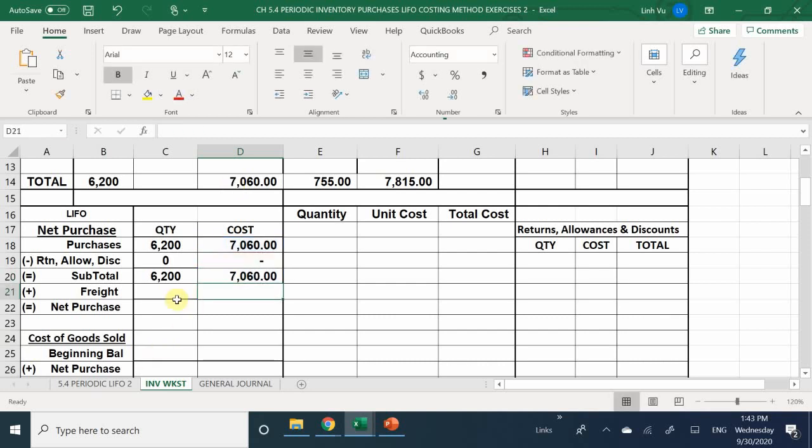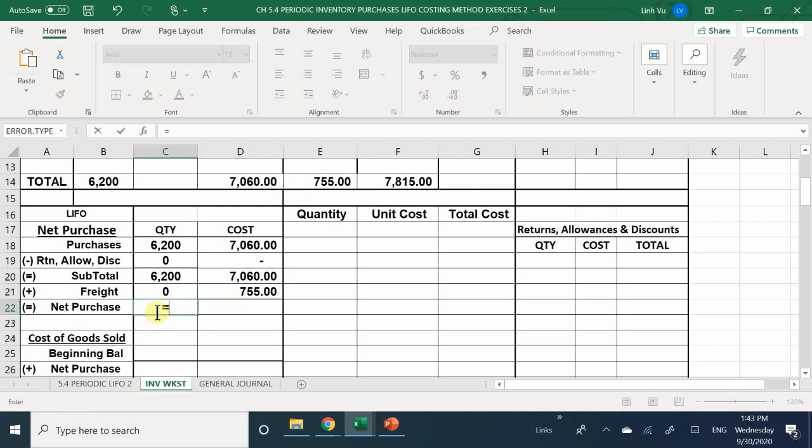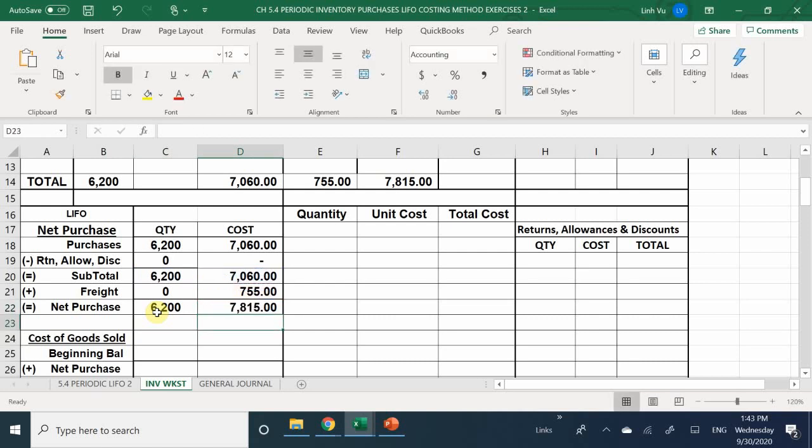Freight adds no value to my quantity, but it does add value to my cost. So how much was the freight again? 755. And we're going to add our totals together to equal a grand total of 7,815, which, yes, matches top and bottom right here.